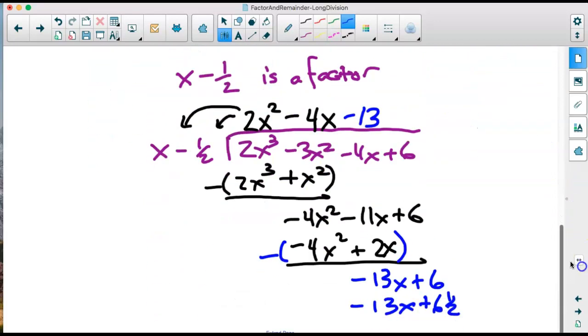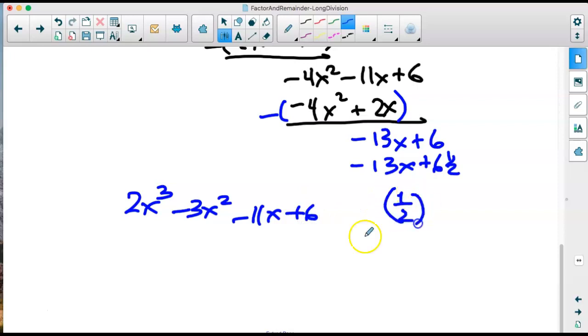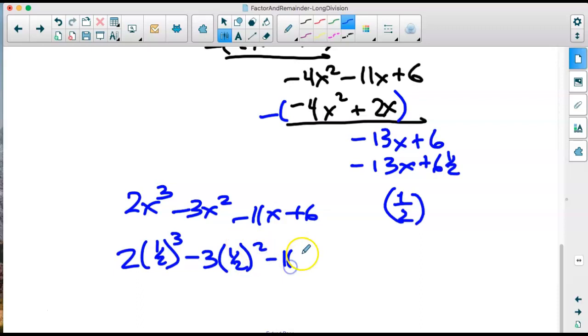So let's try the other theorem that says if we have 2x cubed minus 3x squared minus 11x plus 6, and we know that 1/2 works, that means 1/2 going in there, 2 times 1/2 cubed minus 3 times 1/2 squared minus 11 times 1/2 plus 6 must equal 0.